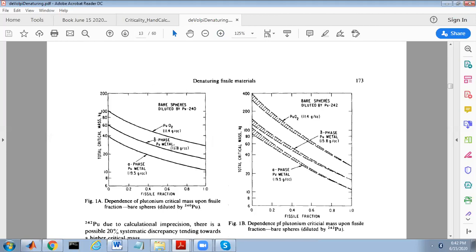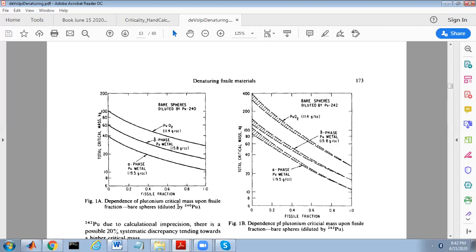I don't have much knowledge on plutonium, but what you can see here is that if you have 100% delta phase plutonium, the critical mass is a little bit less than 20 kilograms. And if you have 100% of the alpha phase, it's like 11 kilograms.